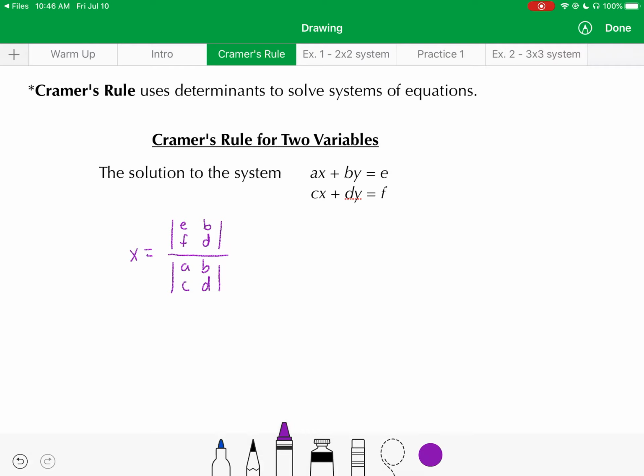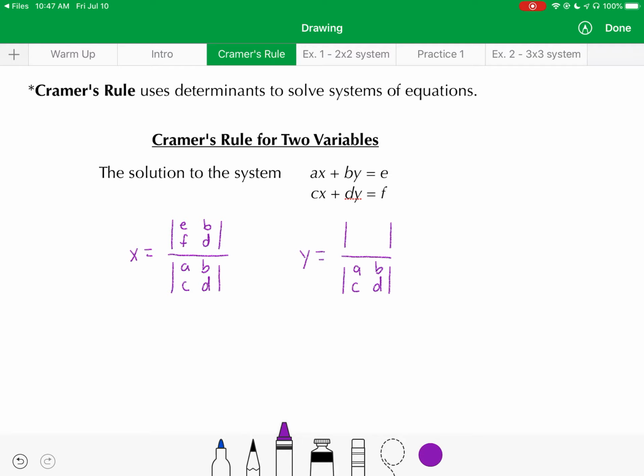Now, if you want to solve for y using Cramer's rule, you'd have a very similar format. It would be a 2x2 determinant over a 2x2 determinant. The denominator would be the exact same determinant as the denominator for x, using the coefficients from the variables of your system.